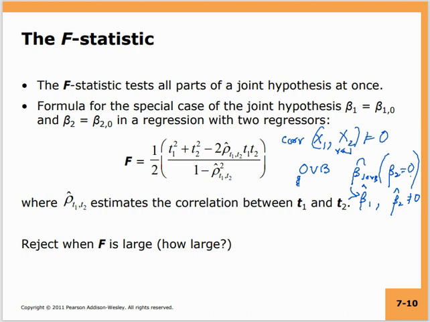So 0 versus not 0 and beta 1 hat may change. Hence the beta 1s and beta 2s are correlated. For different values of beta 2s, we get different values of beta 1. So they are correlated. If the betas are correlated, then the associated t statistics may also be correlated.